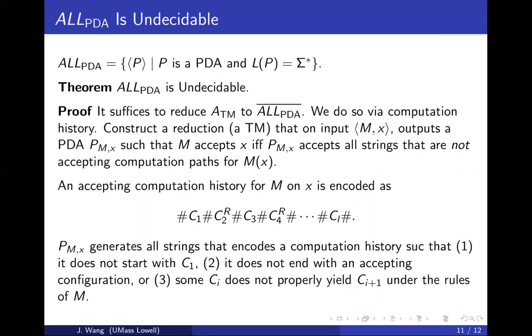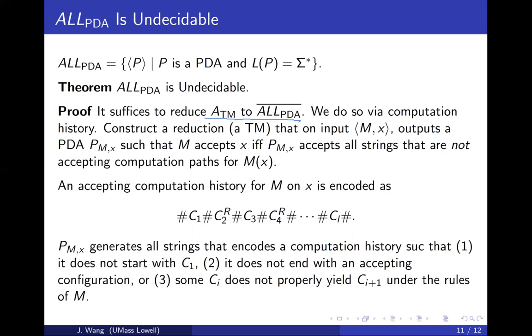Okay, so we want to construct a reduction that reduces A sub TM to the complement of O sub PDA. We're going to do so by using computation history.